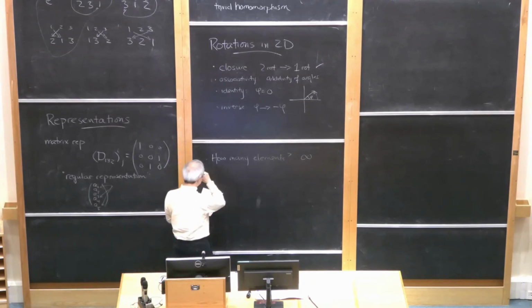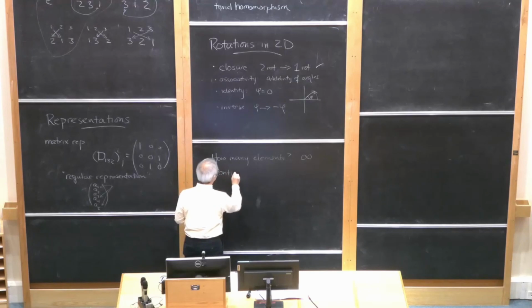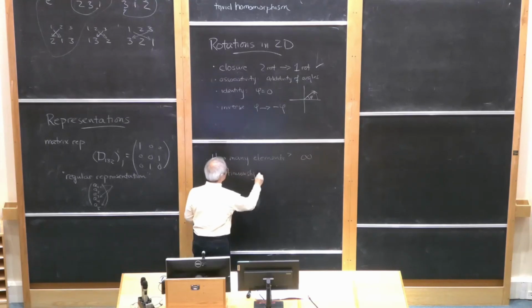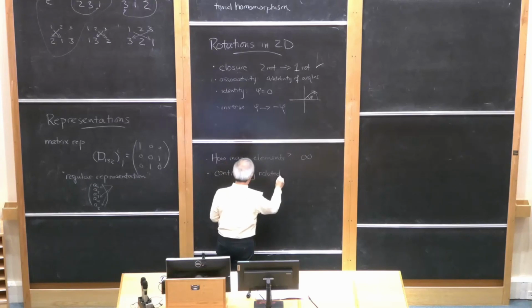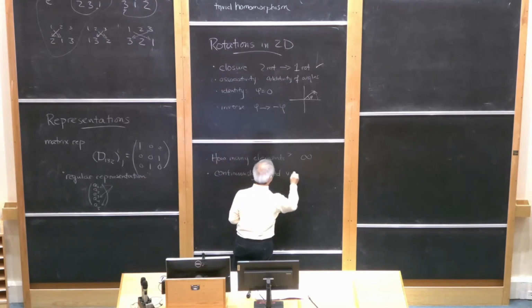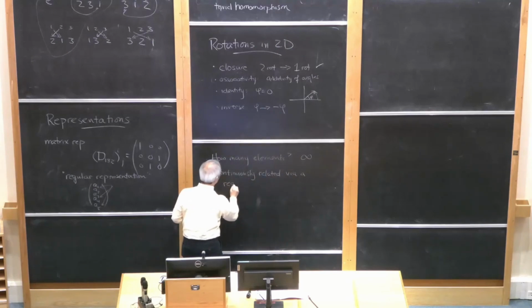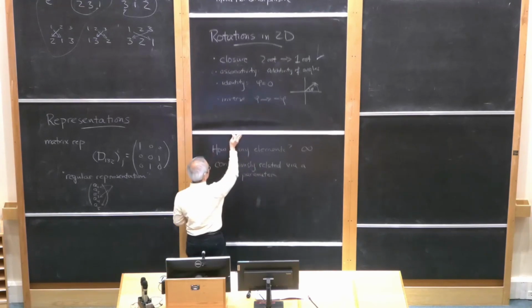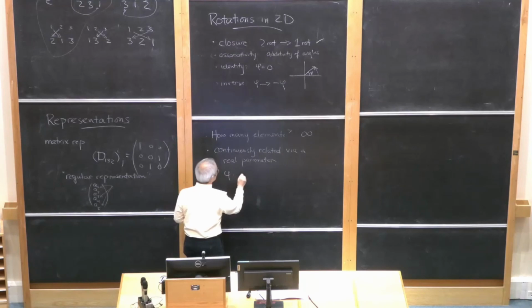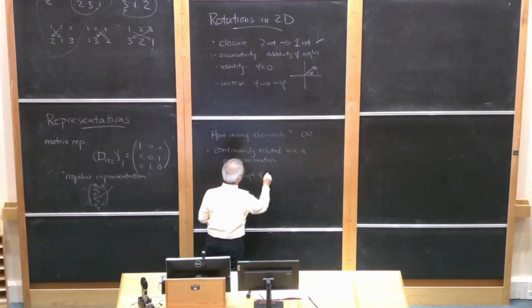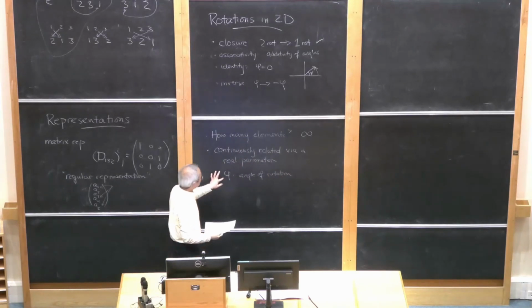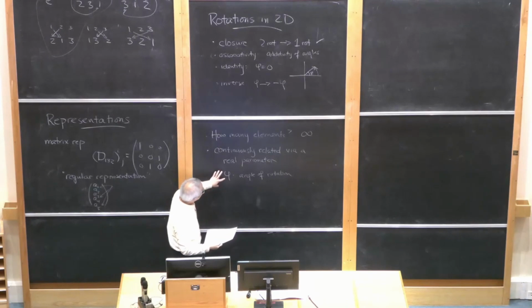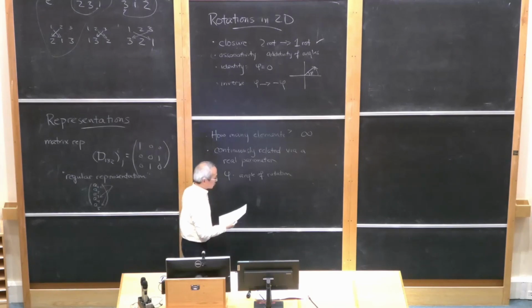In fact, they are also continuously related to one another through a real parameter. Now, in this case, that real parameter is actually phi, which is the angle of rotation. So even though you have an infinite number of them, they are all connected. If they are close in phi, then they will actually be close as a rotation as well.